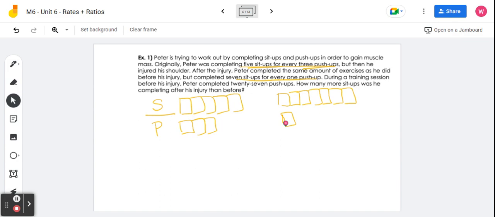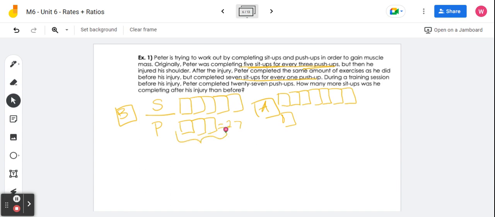During a training session before his injury, so this is the before, and this is the after, Peter completed 27 push-ups. How many more sit-ups was he completing after his injury? So before, the total number of push-ups was 27.